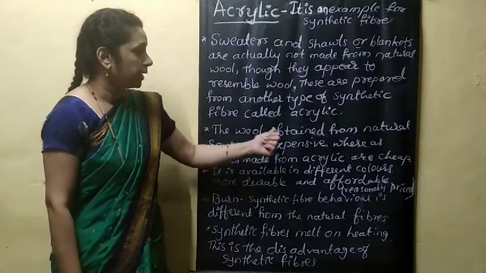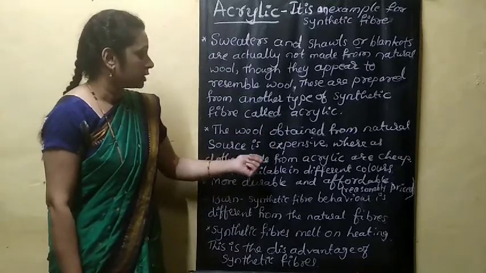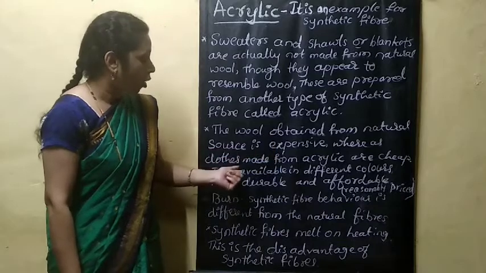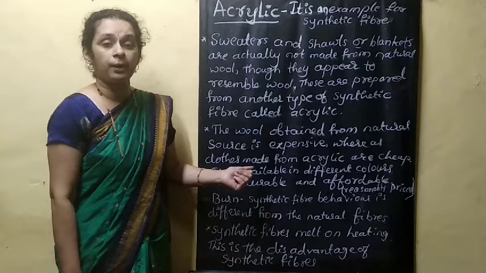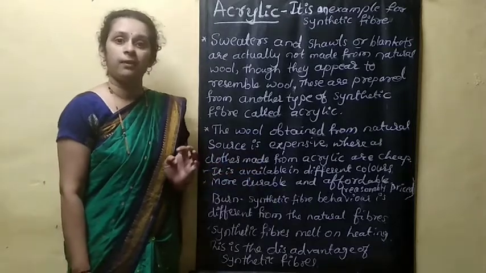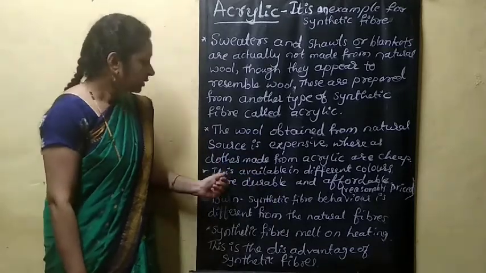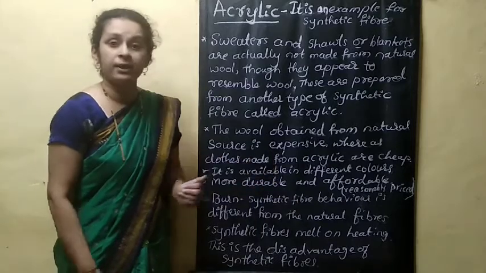The wool obtained from a natural source is expensive, whereas cloths made from acrylic are cheap when compared to what? Natural fibers.